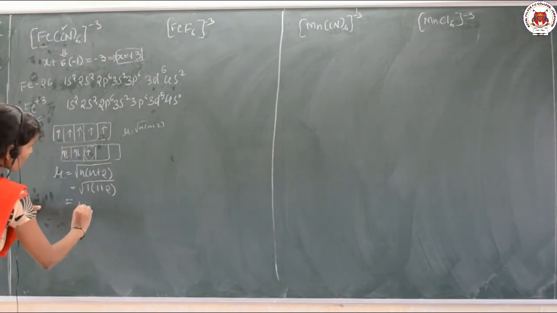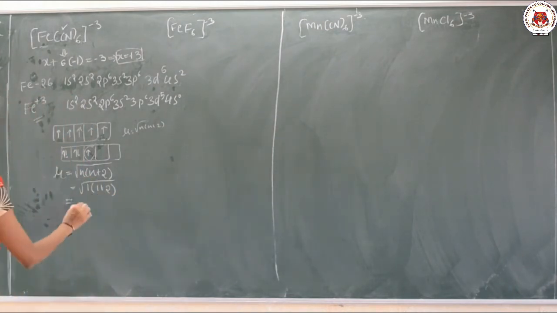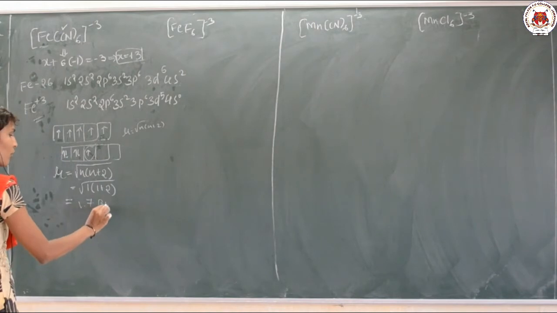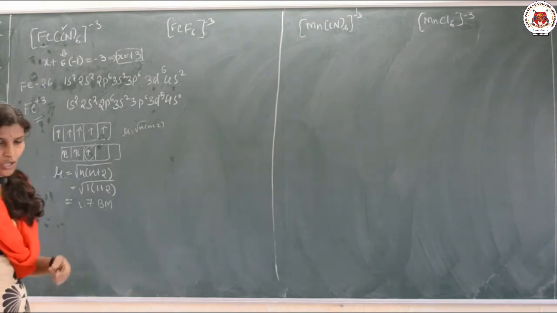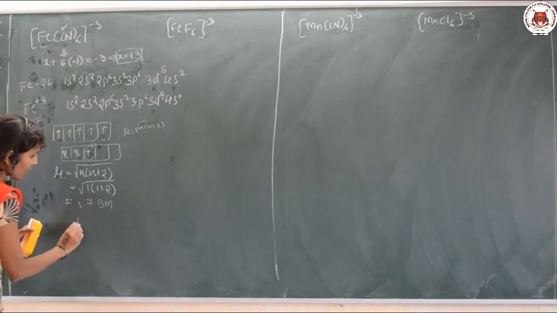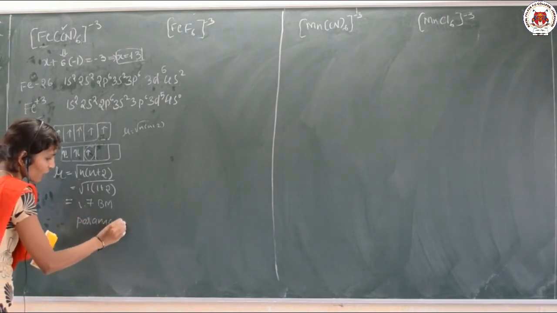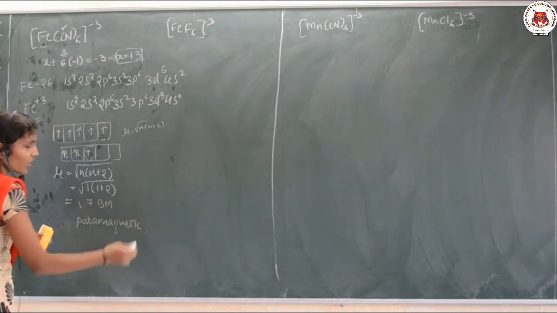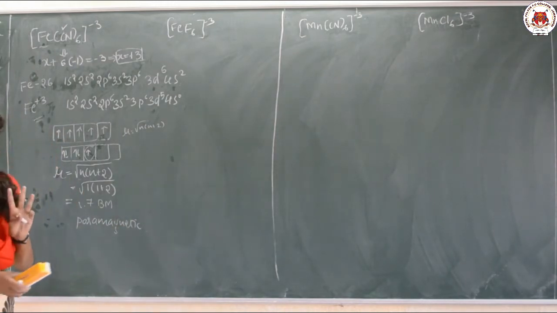If the number of unpaired electrons is 1, the value will be around 1.7 Bohr magneton. So its value is 1.7 Bohr magneton. Now we can say whether it is paramagnetic or diamagnetic. It is paramagnetic because unpaired electrons are present. So it is a paramagnetic complex with one unpaired electron.